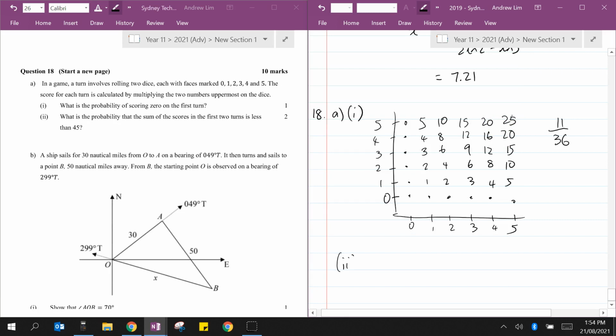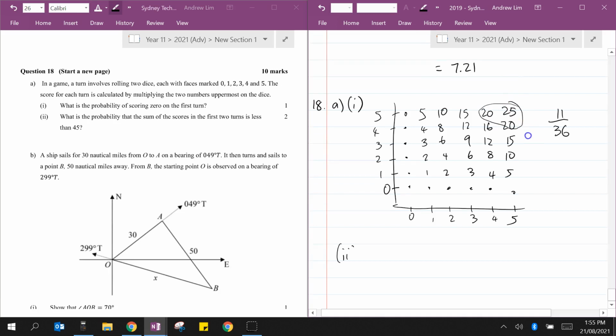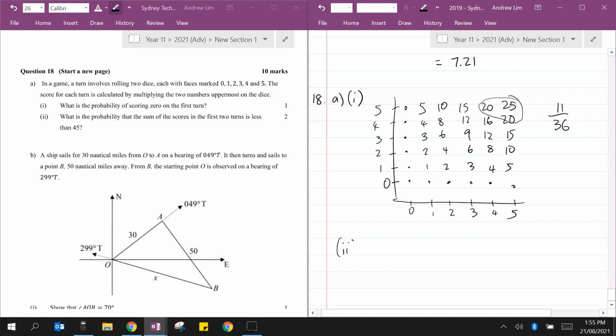So the probability that the sum of the scores in the first 2 turns is less than 45. So either you get, the only way for them to add to 45 or more is to have one of these ones. So, let me think.